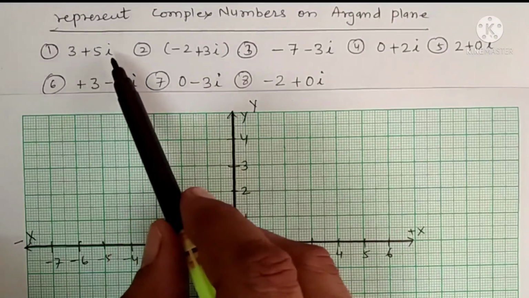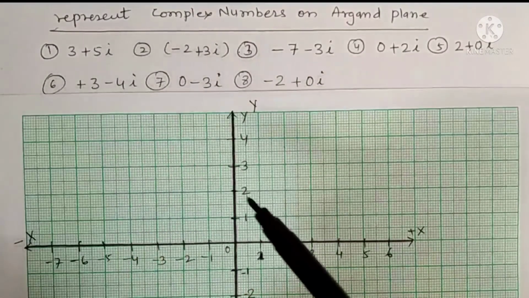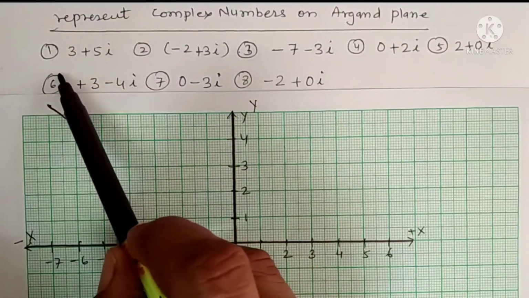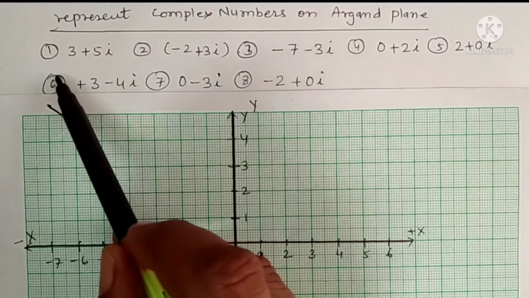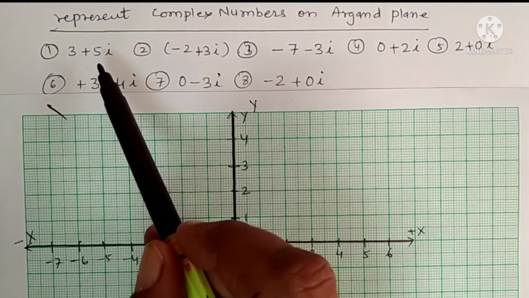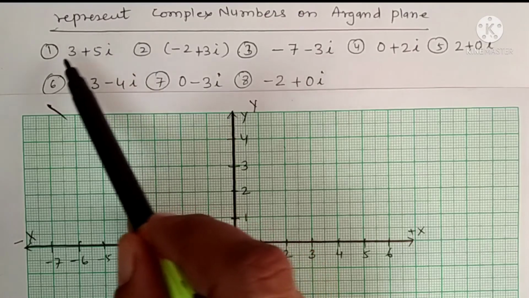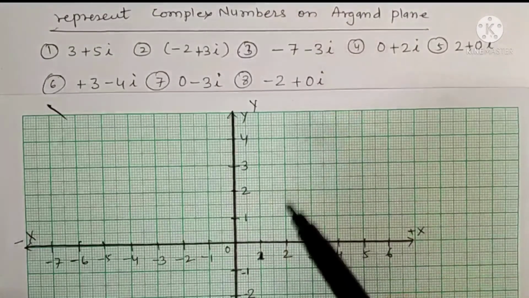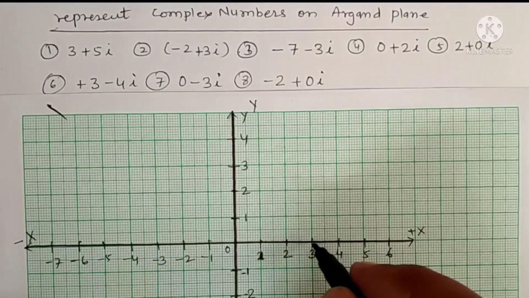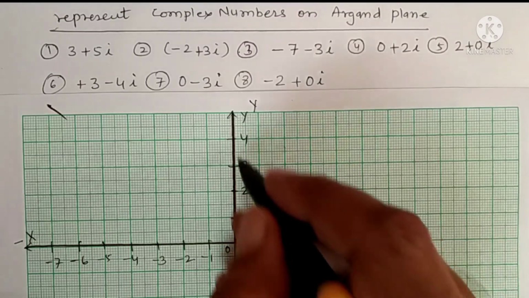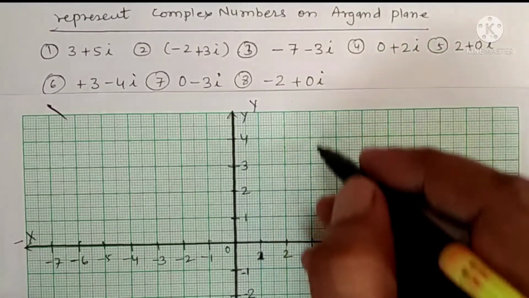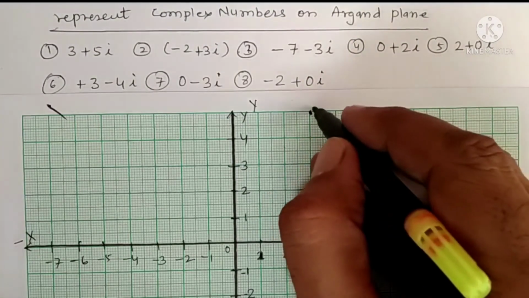The first point we have to mark here. Look here, the real part we put on the x-axis and the imaginary part we put on the y-axis. So 3 is on the x-axis, and on the y-axis we put 5. So 3 and 5, this point is here.